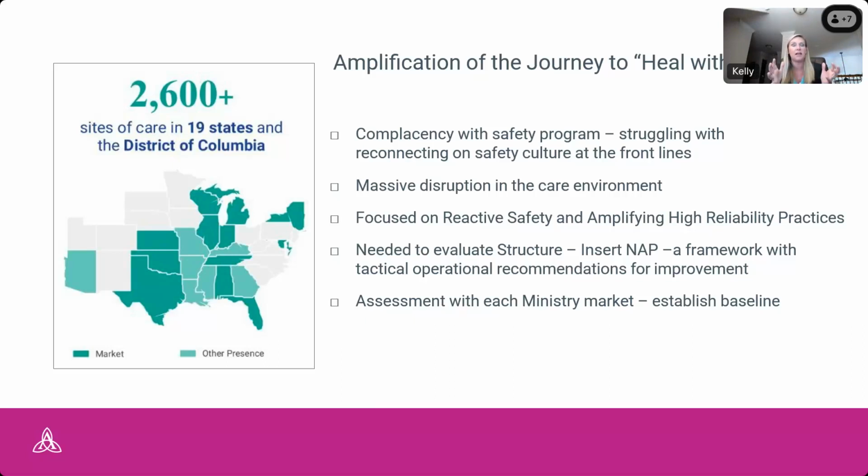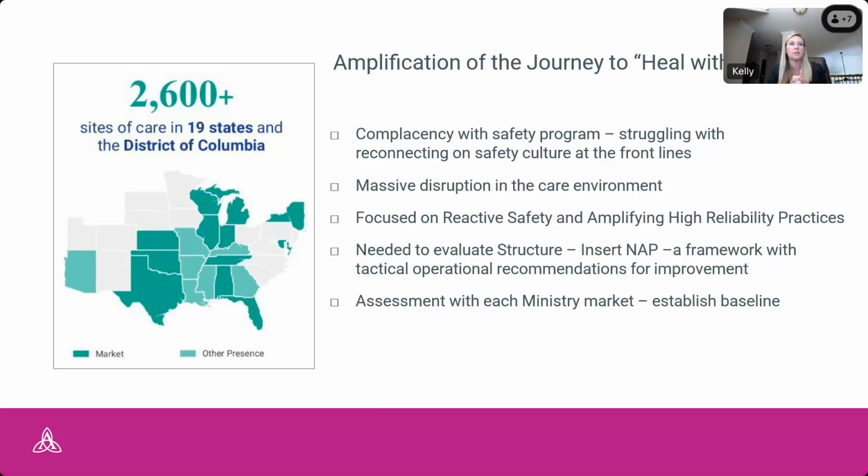And at that time we saw the republication of the National Action Plan and thought this would be a great opportunity to administer the self-assessment across our organizations, because the National Action Plan provided a beautiful framework with tactical operational recommendations for improvement, really helping us look at our structure for patient safety improvement across the care continuum.